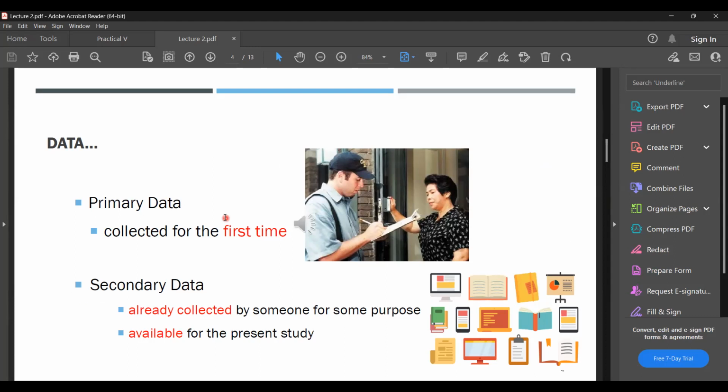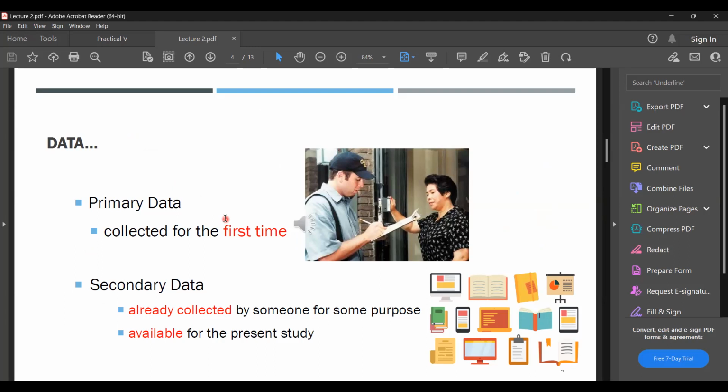However, if you are using secondary data, you have to be very careful for certain reasons. I will discuss those things later. If you are using primary data, then you have to follow specific steps to collect it.